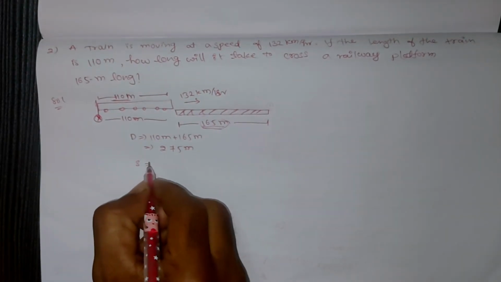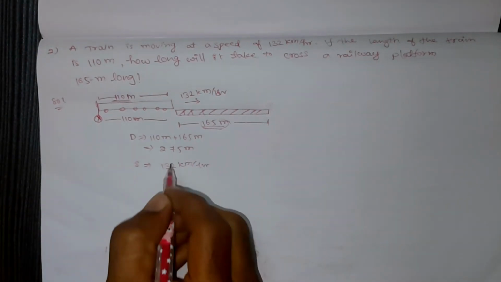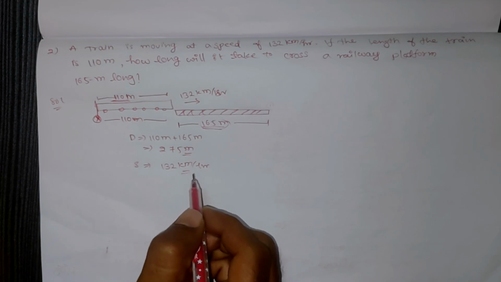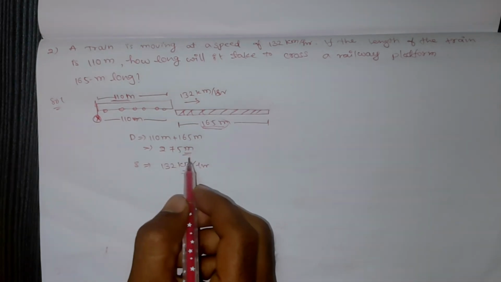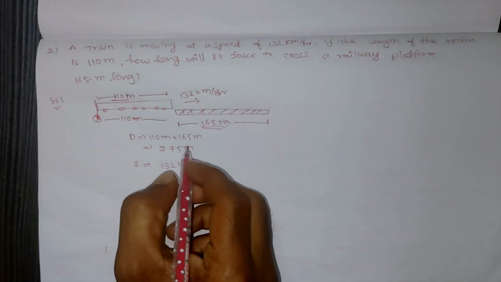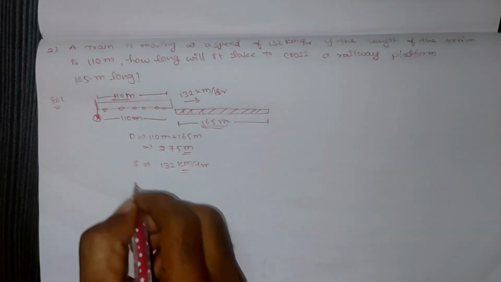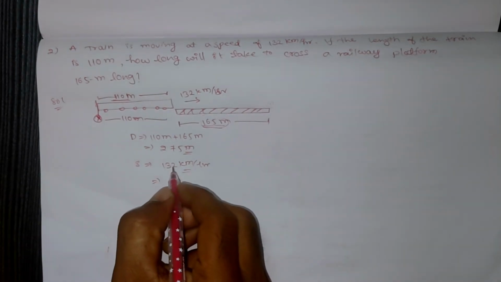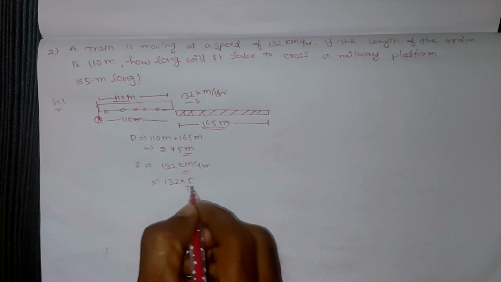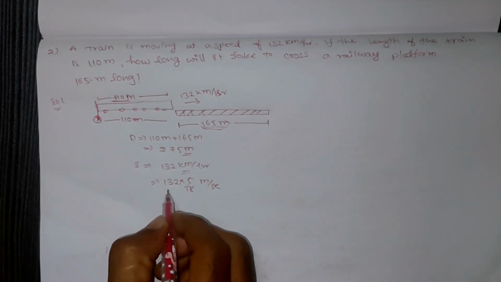And we have been given the speed as 132 kilometers per hour. Here again the distance is in meters and the speed is in kilometers per hour. So we have to convert either kilometers per hour into meters per second, or else meters to kilometers. So let's convert this kilometers per hour to meters per second. That becomes 132 into 5 by 18 meters per second.